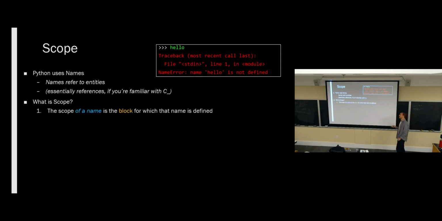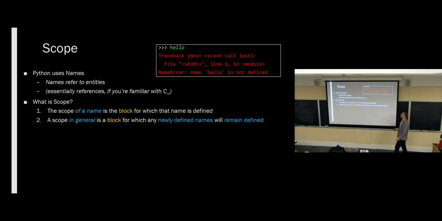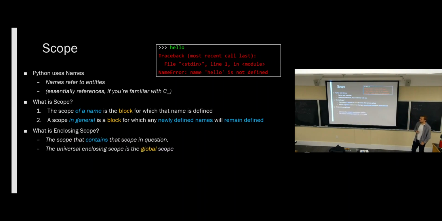So scope is two things, depending on how you use the word. If you reference the scope of a name, that's everywhere that name is defined. And if you talk about a scope in general, that's a block where any new names will remain defined. So that's scope. What is enclosing scope? It's the scope that contains a scope.